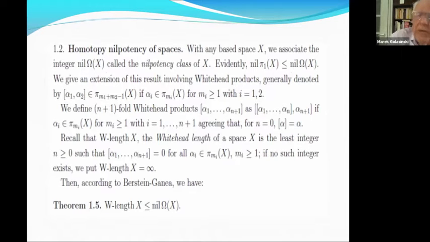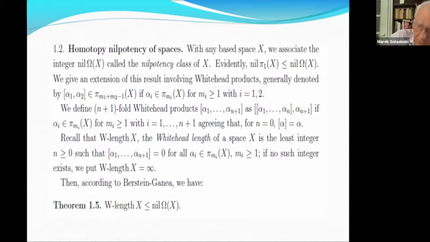So given any base space, we associate with this space an integer, the nilpotency of the loops on X. And this number we call the nilpotency class of the space. First we have a very simple observation that the nilpotency class of pi_1 X is less or equal than the nilpotency class of the loop space.